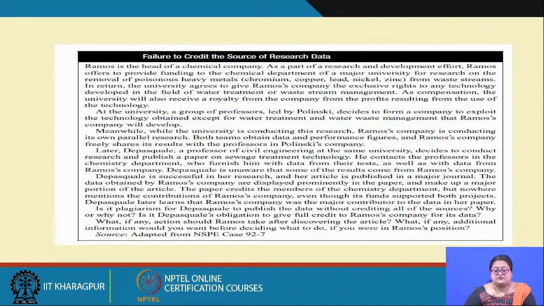But before sharing this data with others, maybe of the same university but from a different department working for a different purpose, whether they took the permission of Ramos's company is not mentioned here, and that is an essential part.